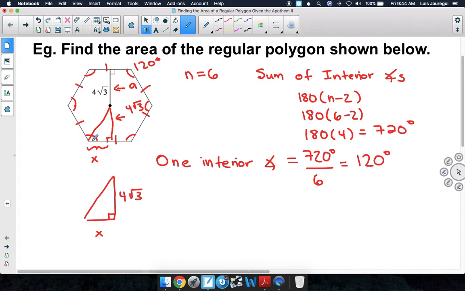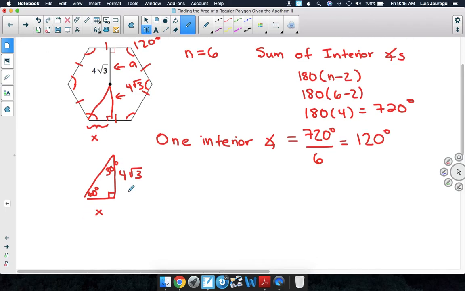And since we're taking the 120-degree angle here, and we're going to bisect it to get this radius from the vertex to the apothem, we know that we're going to split that into 2 parts. So we have 120 divided by 2 gives us 60. So notice this is 60, this is 90. Since the sum of interior angles in a triangle is 180, we know that this is equal to 30 degrees. Now, we're dealing with the special right triangle.